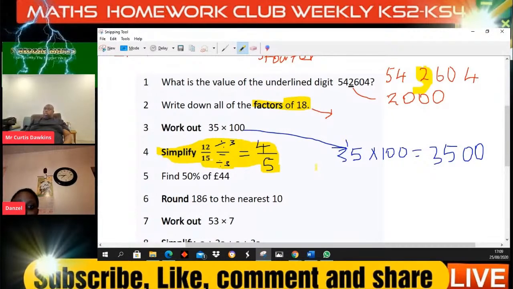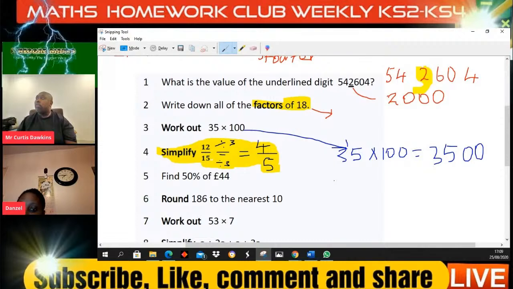Done. You sure? Okay. Now, you need to write this down so your teachers can see it when you're done. Okay. Read this to me, Denzel. Find 50% of 44 pounds.